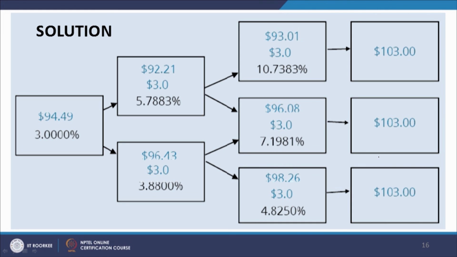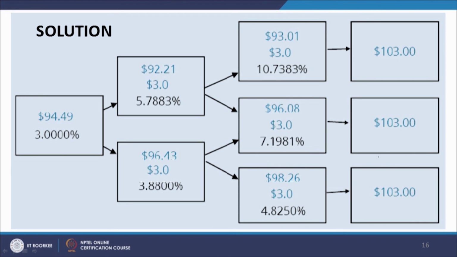Let me quickly recap. At t equal to 0 we have 3%, and this rate applies from 0 to 1. From 1 to 2, the rate that applies, that is F12, can take 5.7883% or 3.88%, both with equal probability. And for the forward rate which will apply from t equal to 2 to t equal to 3: from t equal to 1 to t equal to 2 the interest rate could jump from 5.788% to 10.738%.